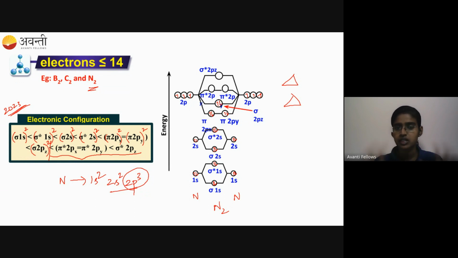Or if you want me to explain everything again, then we can see that in the next slide. Is that okay? From this slide, which part? Electronic configuration part or the molecular orbital energy level diagram part?